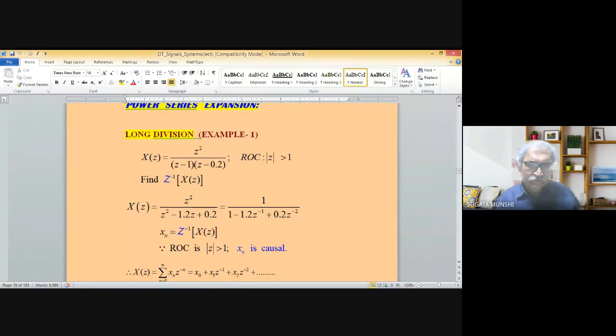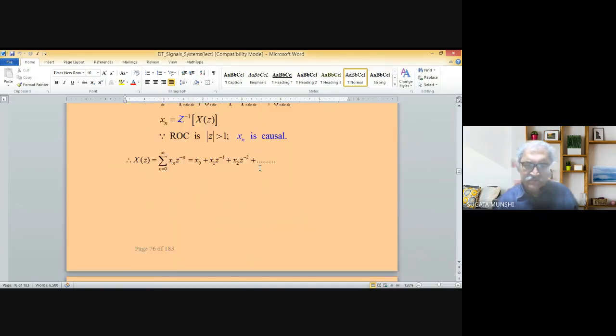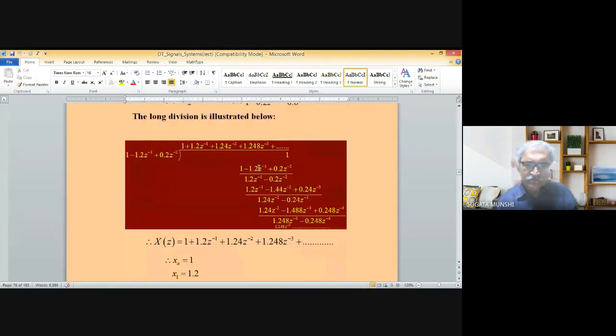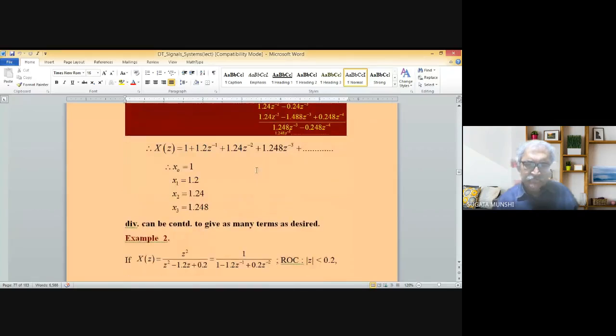So that's why we have to expand it in terms of a power series involving negative powers of z, isn't it? Involving negative powers of z. And that's what we did by long division. So we obtained the samples.